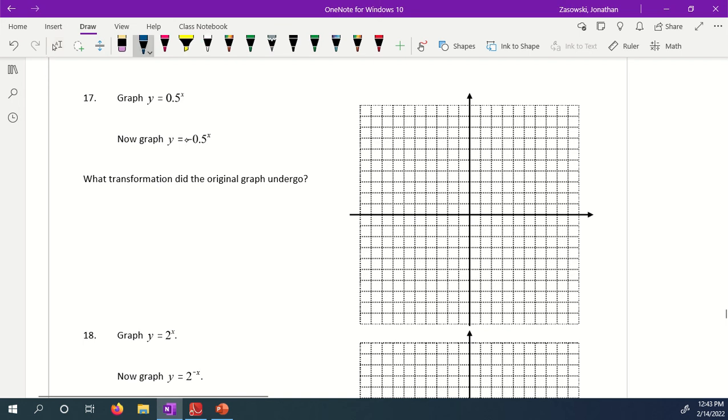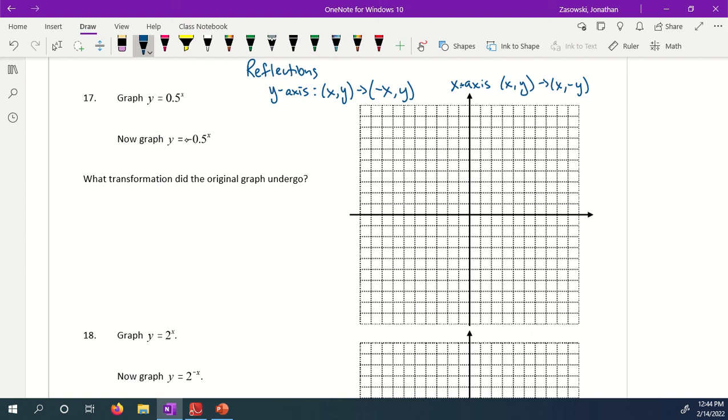Now, if you remember, okay, in 7th grade, we talked about our reflections, right? So a reflection in the y-axis takes any point x, y, and turns it into negative x, y. All right, and if you reflect in the x-axis, it takes any point x, y and it turns it into x, negative y.